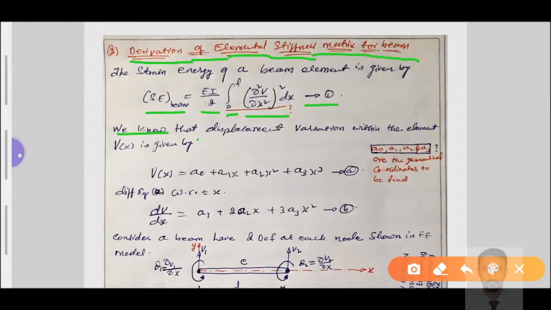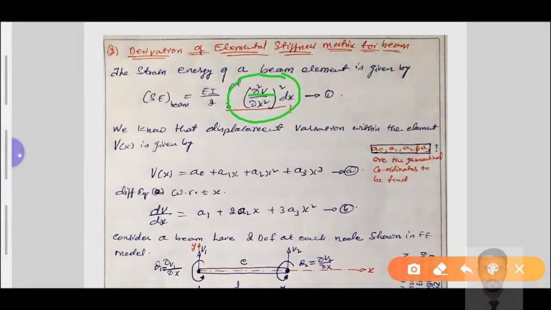We know that the displacement variation within the element, v of x, occurs in a beam element, and the strain energy also involves (∂²v/∂x²) whole squared. This is a function of v, the displacement which occurs vertically with respect to the application of a load in a member, called the transverse displacement.